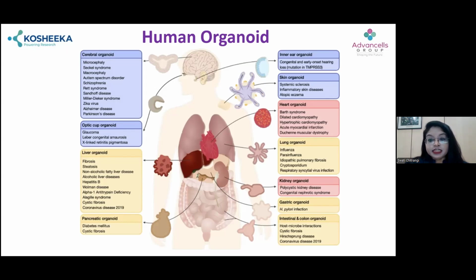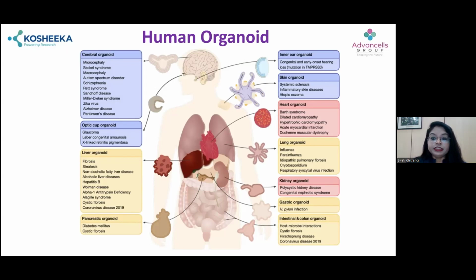Then scientists have developed heart organoid also to study myocardial dysfunction. You can see the heart attack on the plate. So a heart attack model has been developed using these iPSC lines.